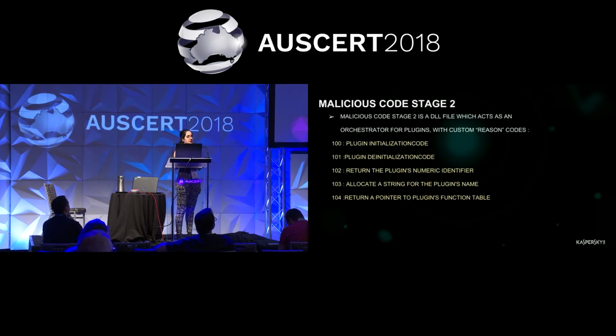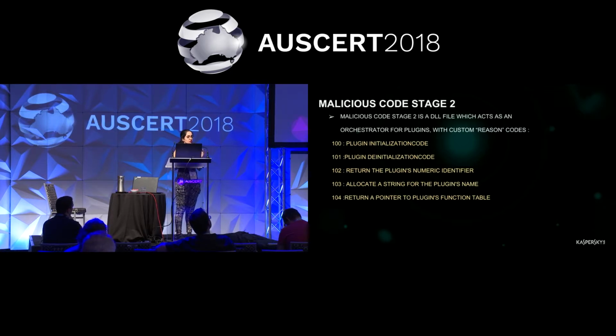But if the malware can resolve the DNS and get the decryption key, what is the second stage? The second stage is, even for myself, more interesting, because from a reverse engineer point of view, it had a specific structure for the executable files, which were the DLL files, the second stage, and all the plugins inside the encrypted code.